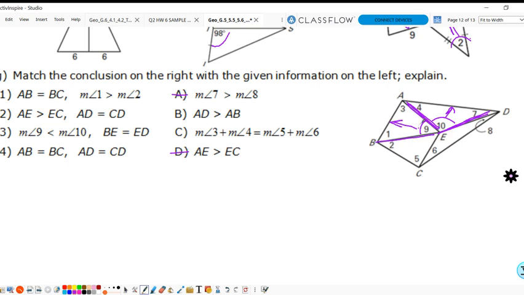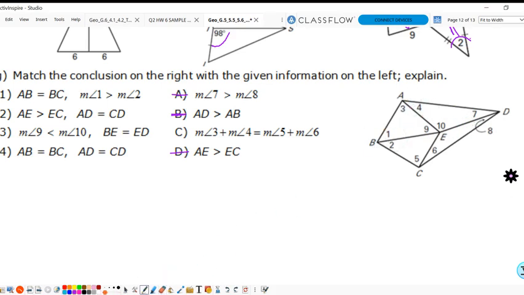So we said measure of angle 9 was less than the measure of angle 10. Therefore, that side, AB, should be less than this side, AD. So AD is greater than AB. That's option B.